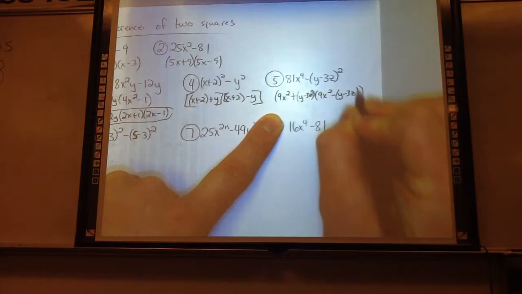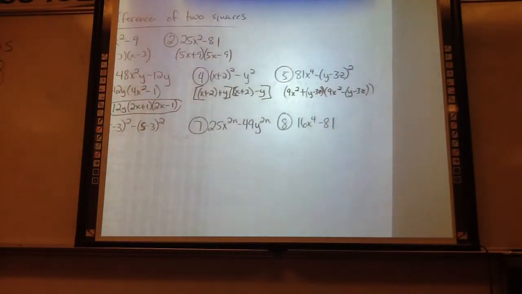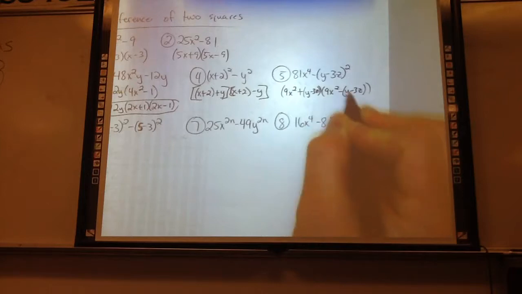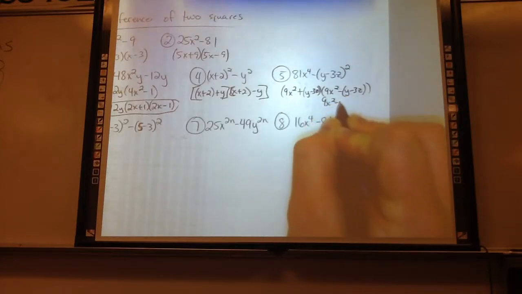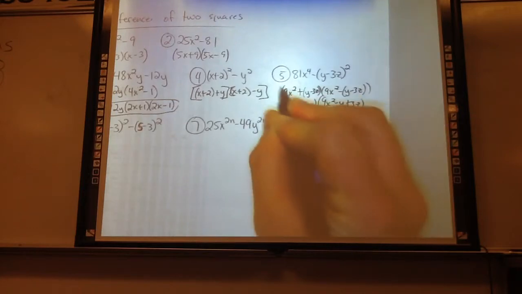I always put a little thing on the z just so that it's not a 2. And of course, on something like this, you could also write it 9x squared minus y plus, distributing the negative. But if you just leave it like that, that's cool. It's factored.